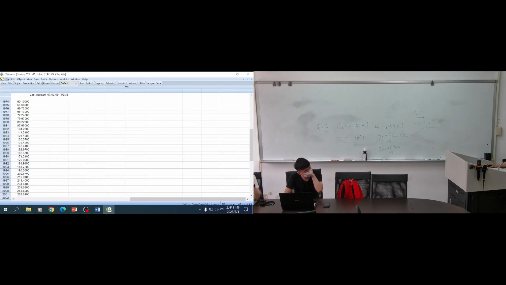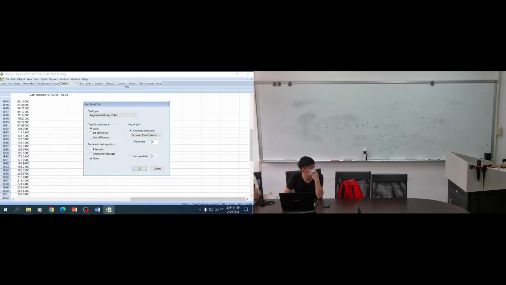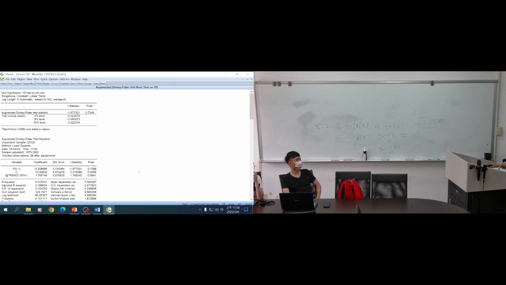Let me also show the result. Which version to use? You can choose either one; you don't have to do all three, but I think they're pretty similar. Trend and intercept, okay, let's do trend and intercept. Did you use 1? My example just uses 4. Maybe we try 2. Okay, let's try 2. All right, what did you see?